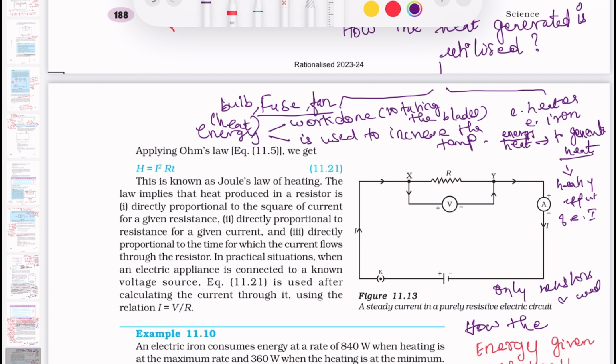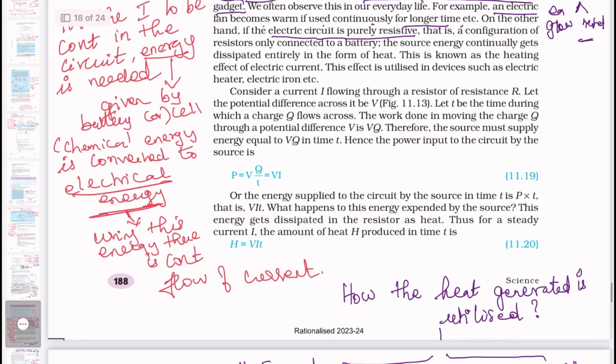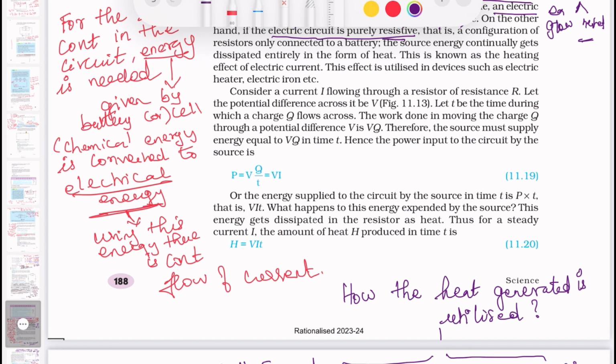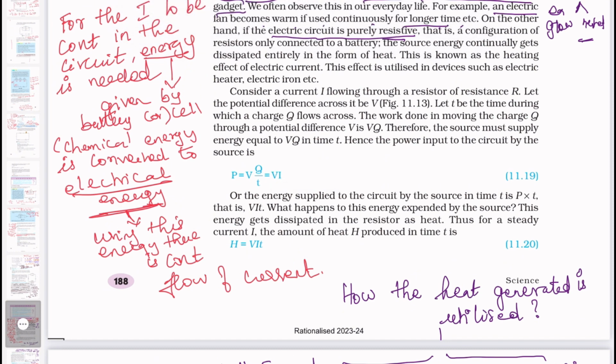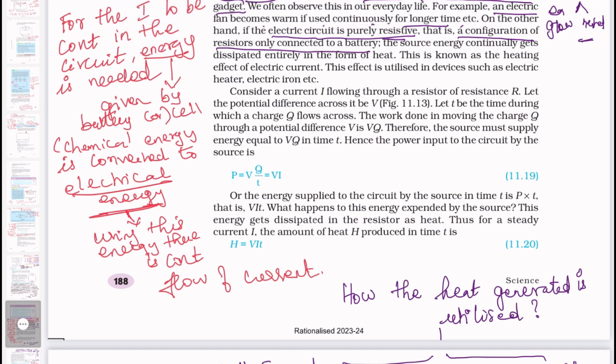In this type of circuit where you only connect the resistors, that's what it says: the electric circuit which is purely resistive means only resistors are connected. That is a configuration of resistors only connected to a battery. In those types of cases, we know that full energy is used in the form of heat.